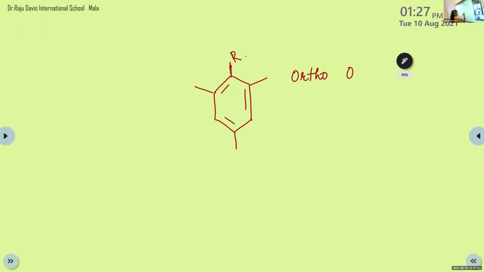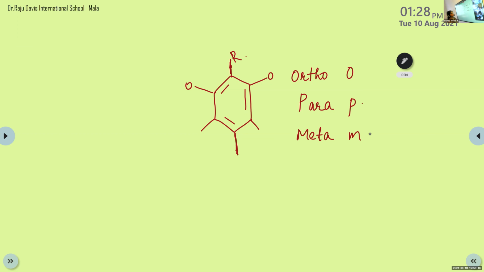And these 2 opposite positions are known as para. Para. Then we will write P. And these 2 are known as meta.